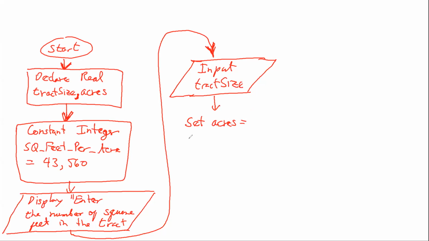And when I said set acres tract size divided, tract size is the input you provided. So maybe your property is half an acre, right? But you're entering, as the problem says, a program that asks the user to enter the total square feet in a tract. So you're entering square feet.